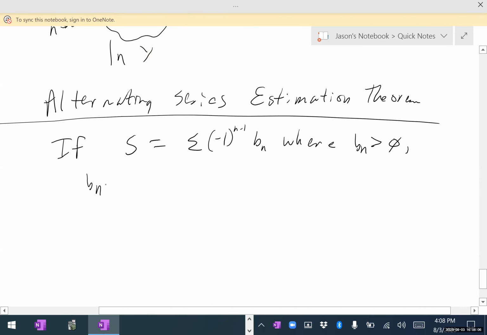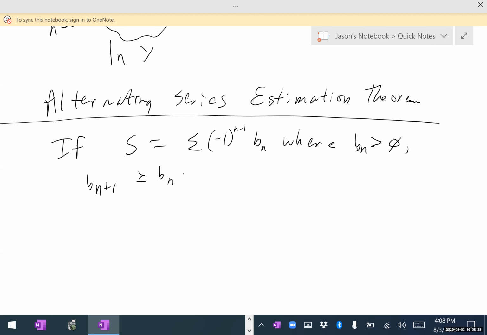Is it greater than or equal to? So the sum of this thing S is equal to that, where these are increasing.